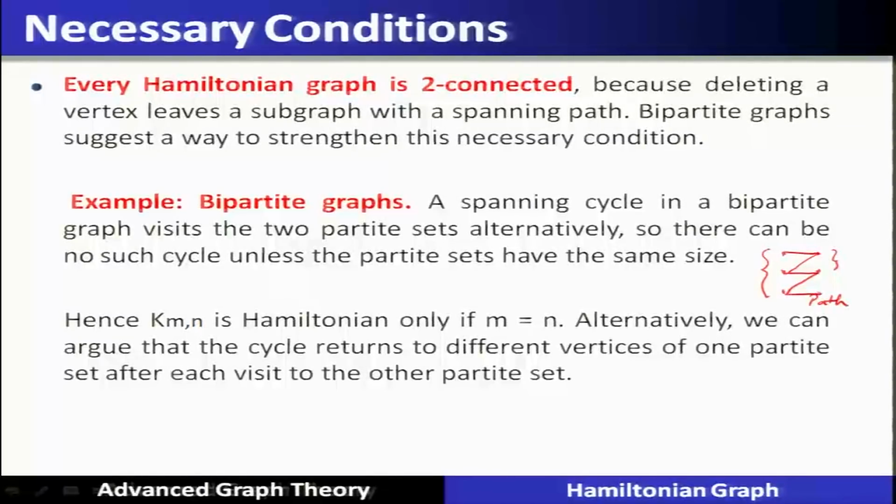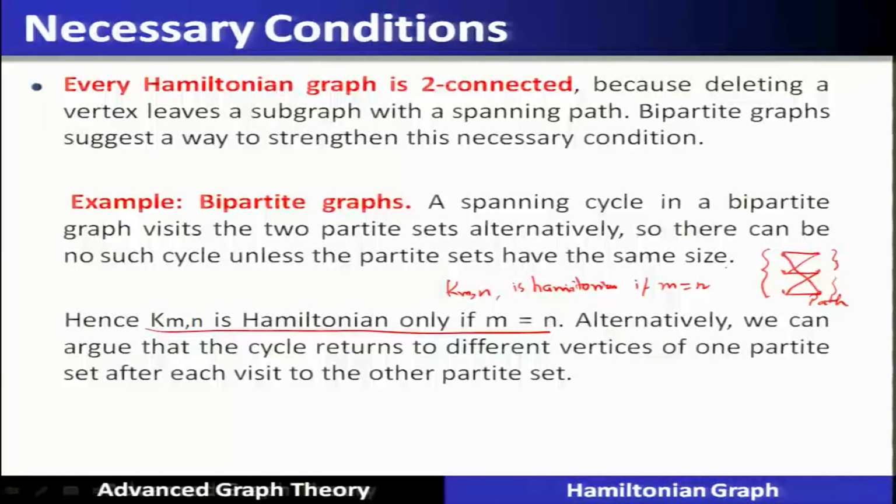To complete a cycle, it has to have another vertex, and then only a cycle is possible. So the bipartite graph K(m,n) is Hamiltonian only if m is equal to n.